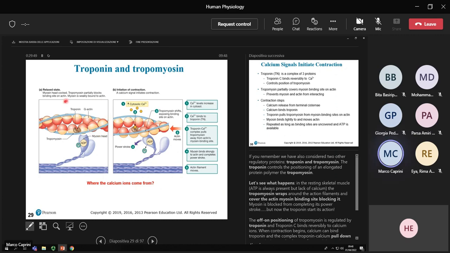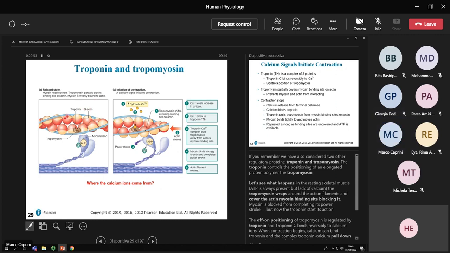In the relaxed state here, with the myosin head cocked, the tropomyosin partially blocks the binding sites on the actin and on the myosin. Myosin is weakly bound to the actin, but since the tropomyosin is here, blocking the perfect binding of the two proteins, it blocks the contraction.